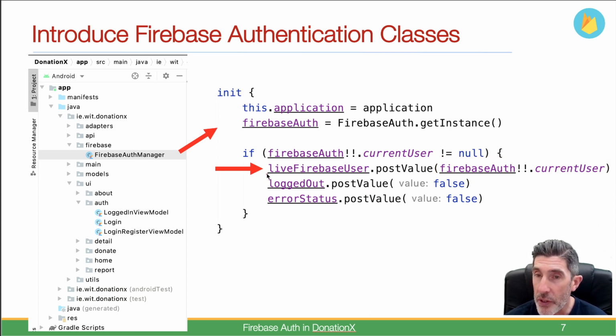Then we have our own ones here, logged out and error status, that we're setting. We're just using those to keep track of when the user is logged in or not, and if there are any errors when trying to connect to our Firebase and authenticate.